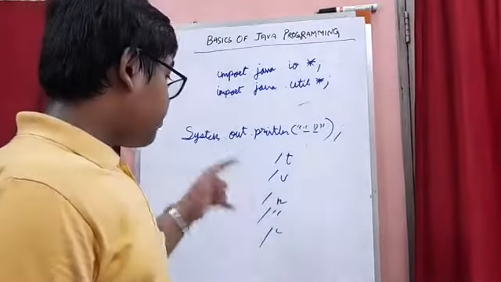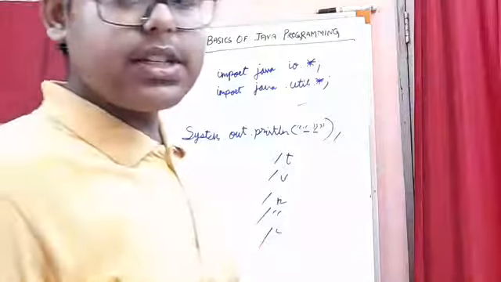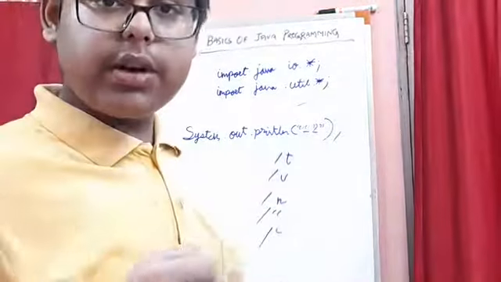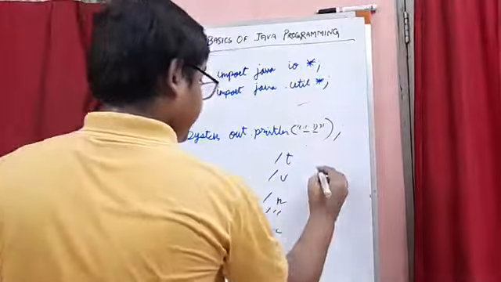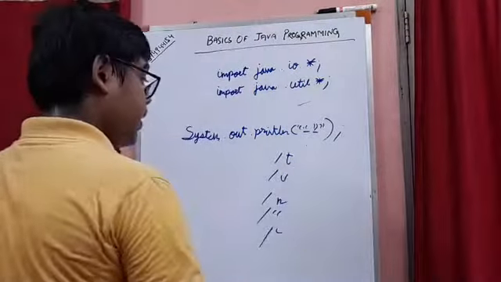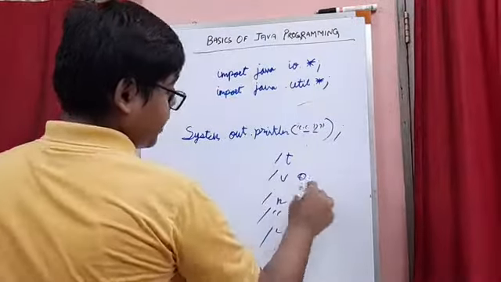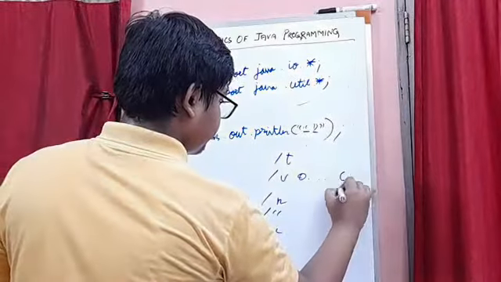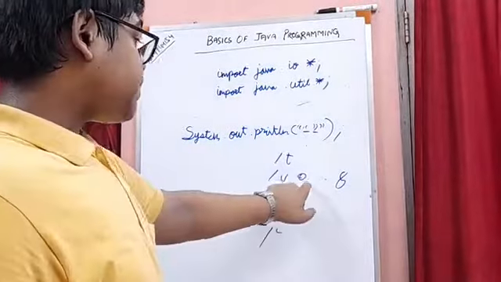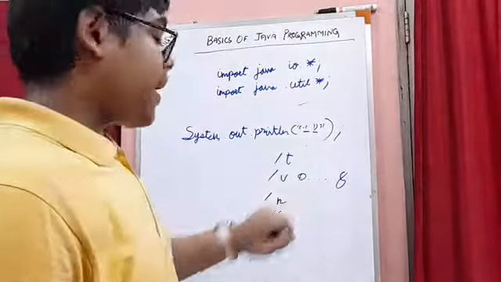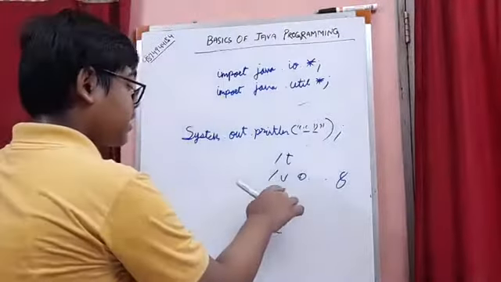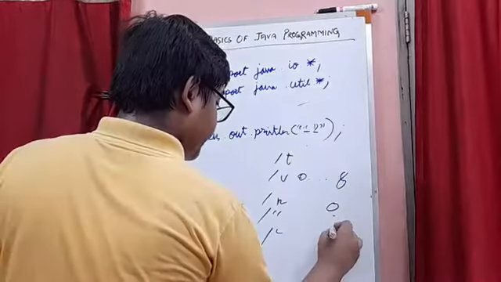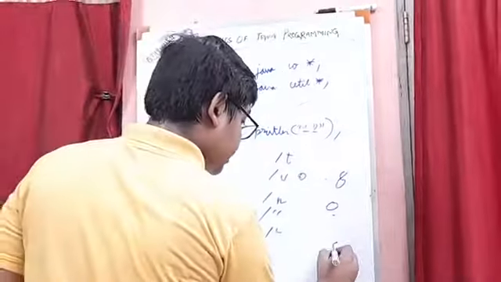And these are the five basic escape sequences you need in programming. \t is for horizontal tab, meaning if you use \t, for example, something is written, and after that it will give some space, and then something else will be written over here. This space is used for \t, and similarly \v will be vertical tab. For example, something is written here, it will give some space in the downward direction, and it will write the rest.